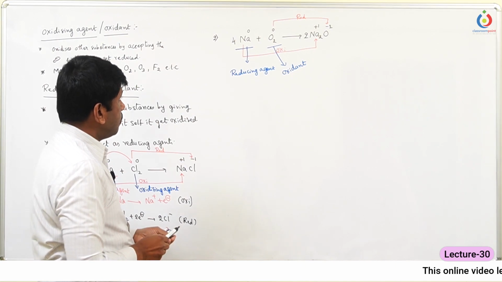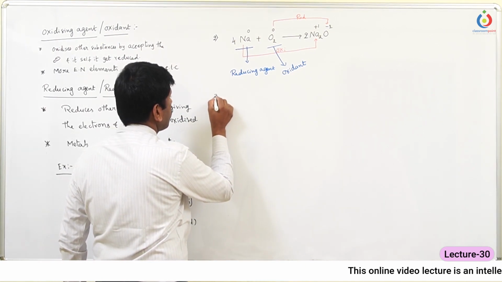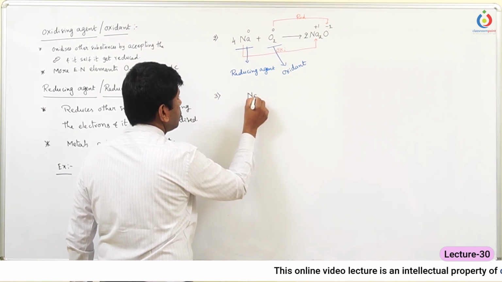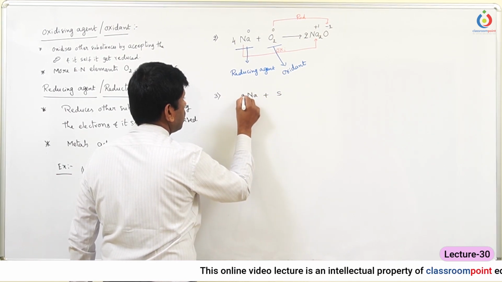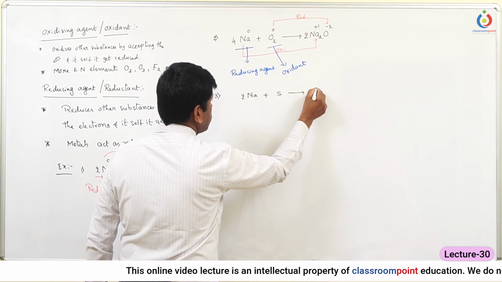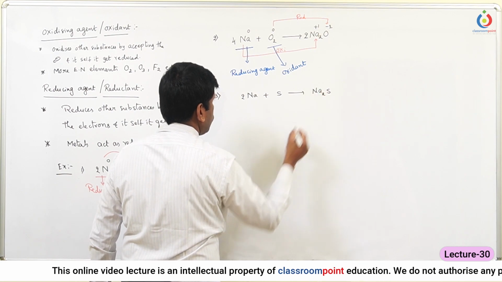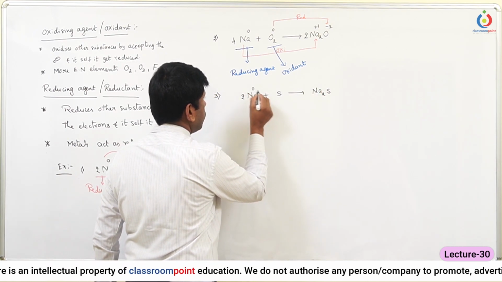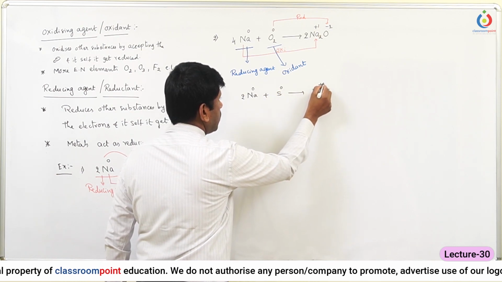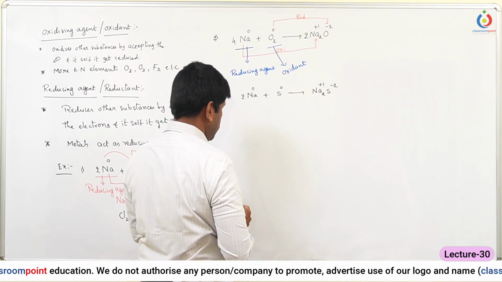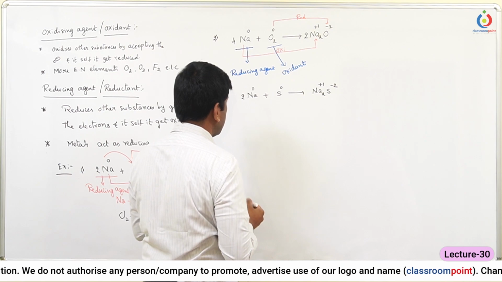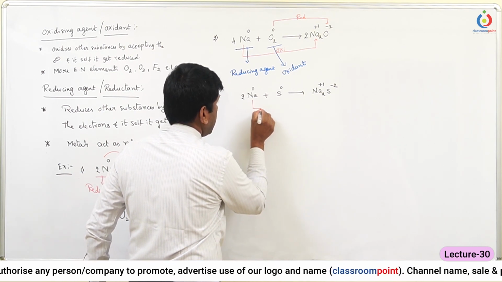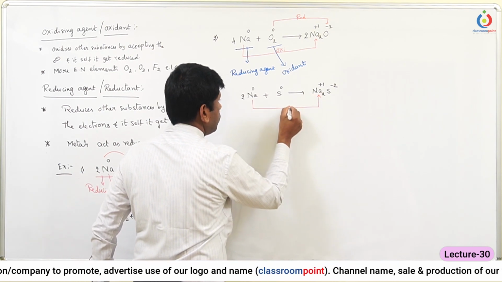Let us take another example. Same sodium reacts with sulfur to form Na2S, sodium sulfide. Oxidation states 0, 0, +1 and -2. Then we can easily say that the oxidation reaction is sodium.